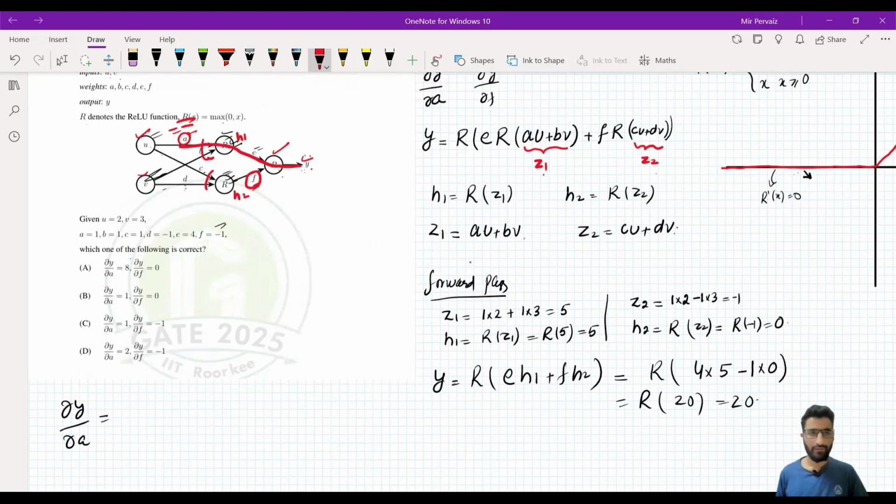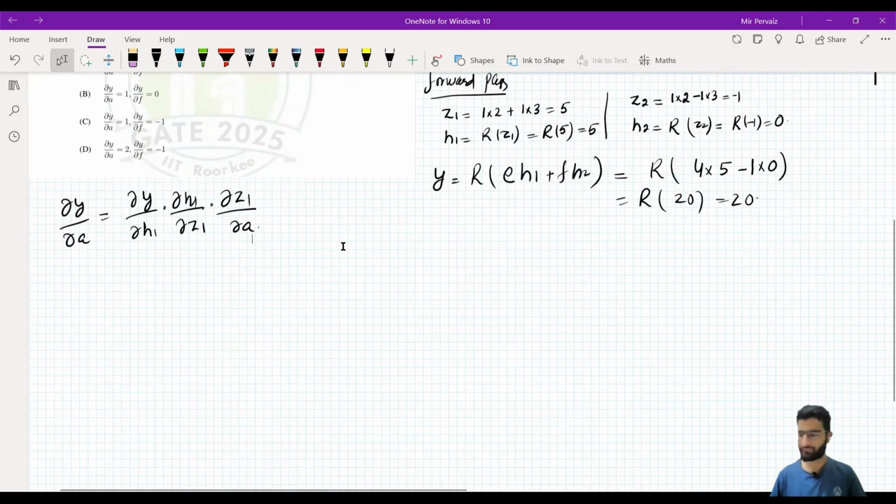This will be del y over del h1, and del h1 over del z1, del z1 over del A. So with chain rule we can calculate this. This is how the partial derivatives will flow. So let's calculate this thing first.